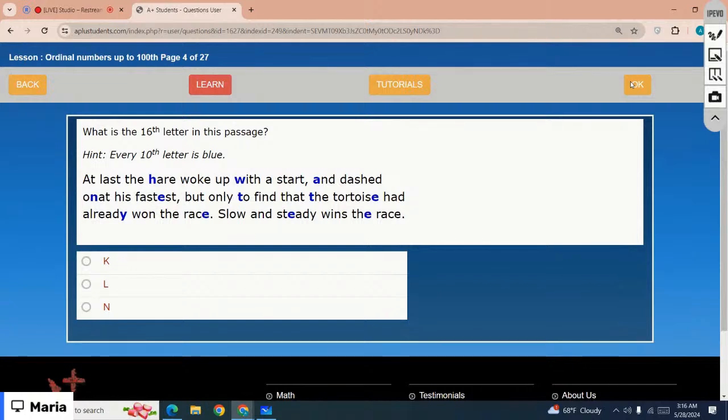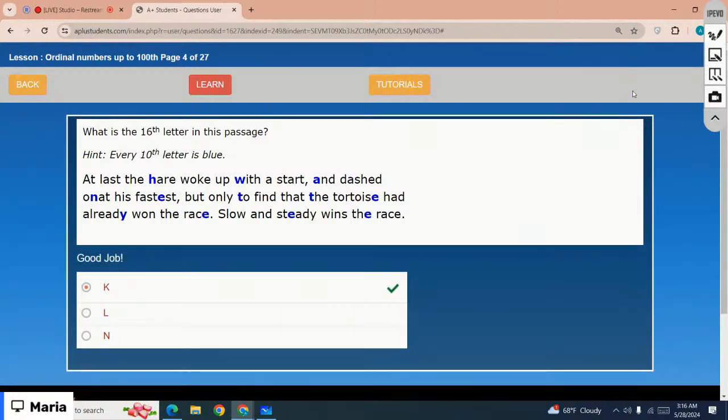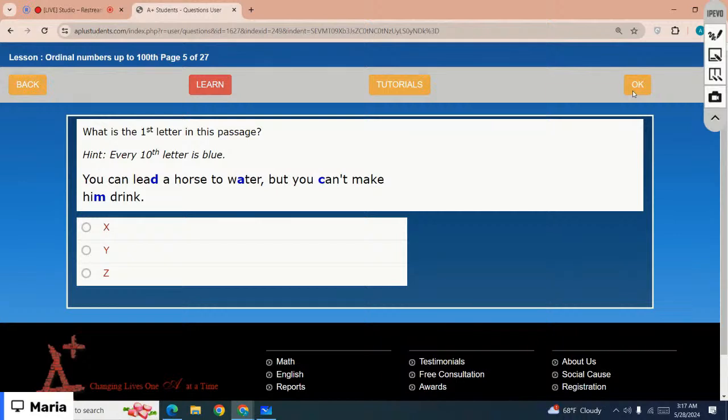The correct option is K. K is the 16th letter. The first letter in the passage is yes, Y. The correct option is Y.